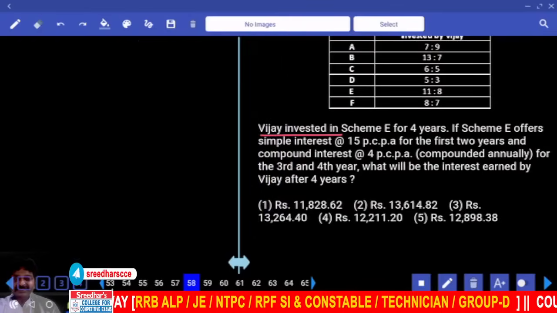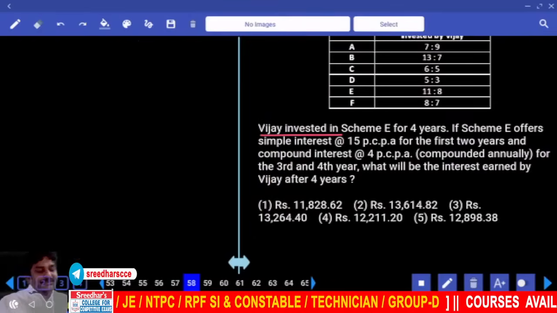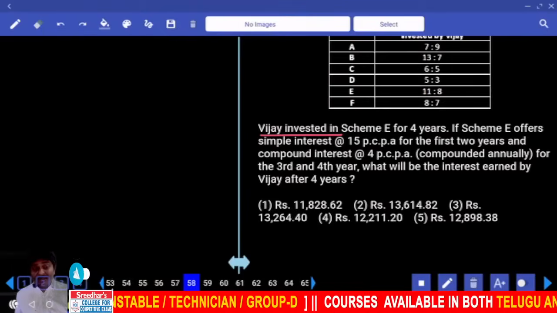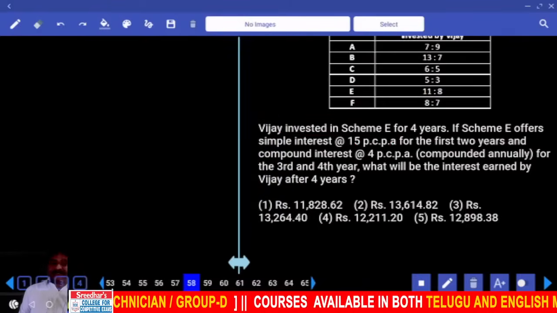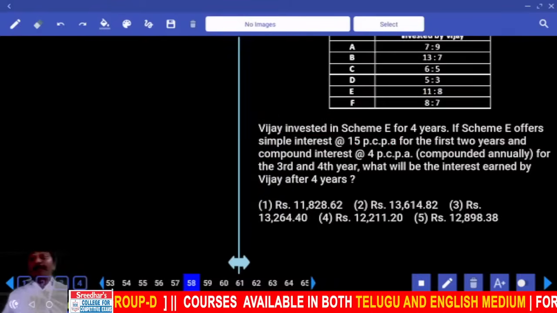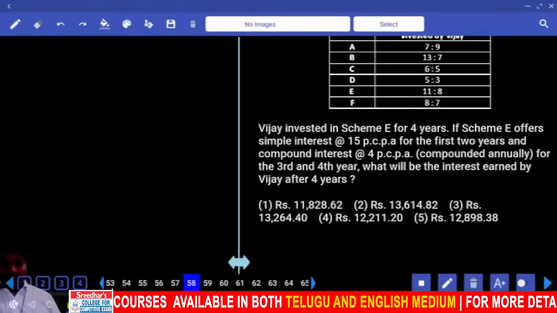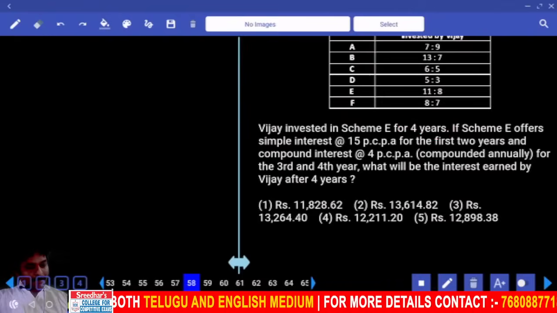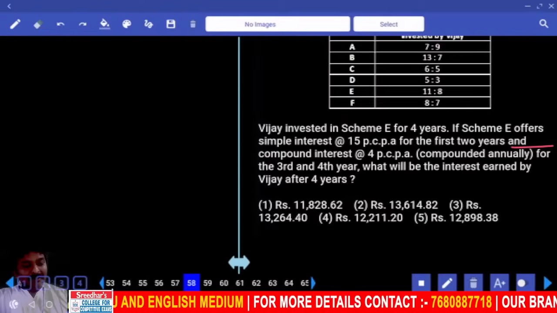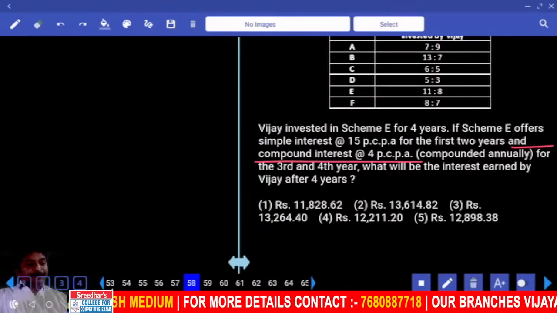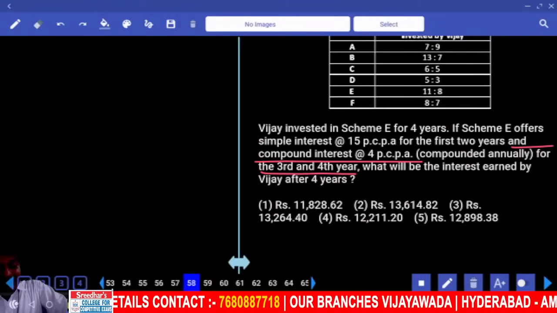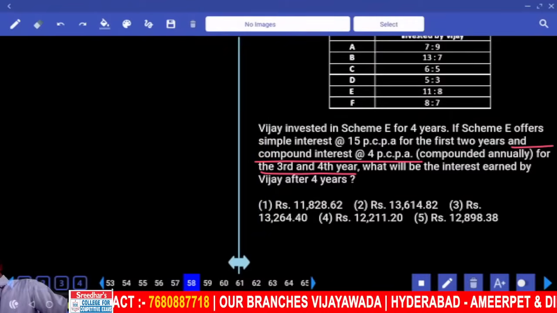Vijay invested in scheme E for 4 years. If scheme E offers simple interest at 15% for first 2 years, at the rate of 15% per annum, 2 years interest, 30. How many more years we have to calculate? 2 more. Out of 4, 2 years done. 2 more years we have. And compound interest at the rate of 4% per annum for the 3rd and 4th year. What will be the interest earned by Vijay after 4 years?